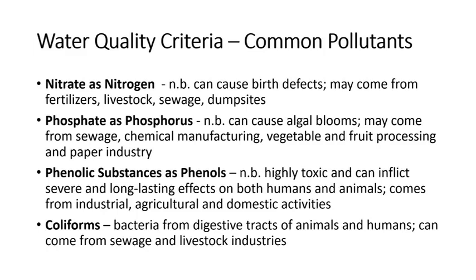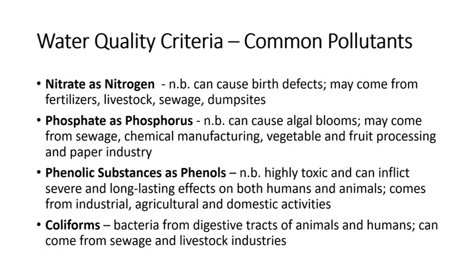And phosphate can come from sewage, chemical manufacturing, vegetable and fruit processing, and paper manufacturing. And then you also have phenolic substances as phenols. Note these are your highly toxic substances which can inflict severe and long lasting effects on humans and animals. And these can come from industrial, agricultural, and domestic activities.